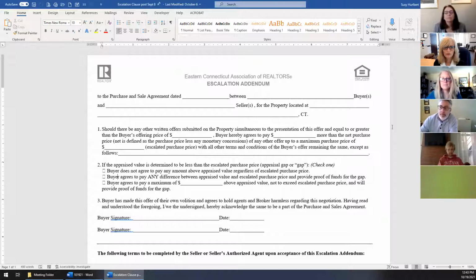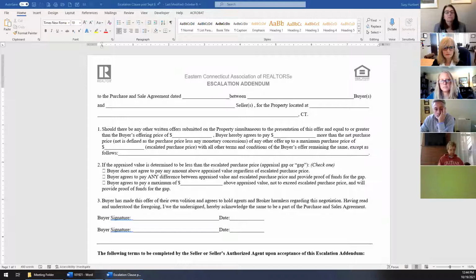An escalation clause is presented to the seller along with other multiple offers. Let's say for this instance, there isn't any other escalation clause. The seller decides to accept the contract with the escalation clause. The addendum states that the escalation clause asks for the other contract that was the highest and best before the escalation clause was utilized.